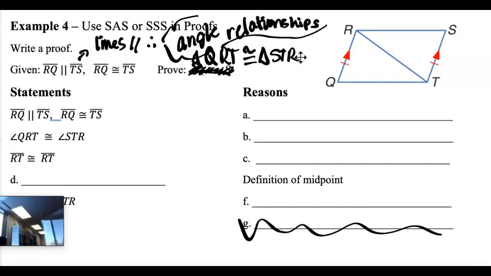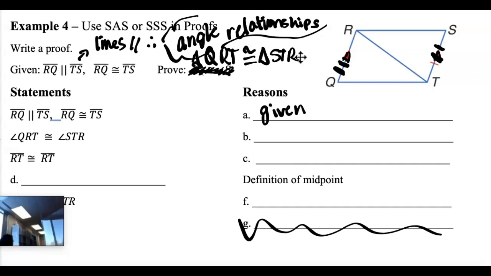So we could use alternate exterior, we could use alternate interior, and such. So we know that they are parallel. That's what these little markings here mean. They want us to also note that RQ is the same, they have a little mark right here, as ST. Okay, so far so good, and let's go with the reasons here.